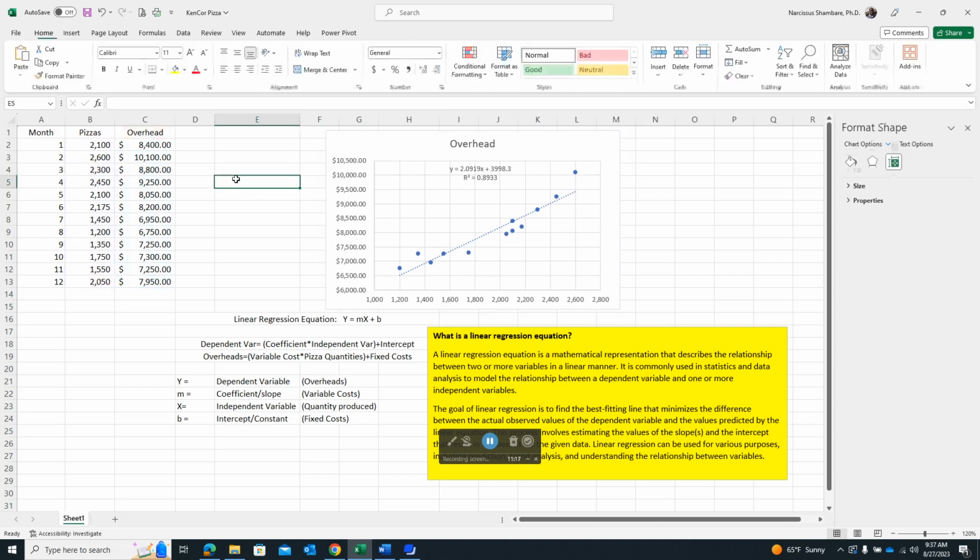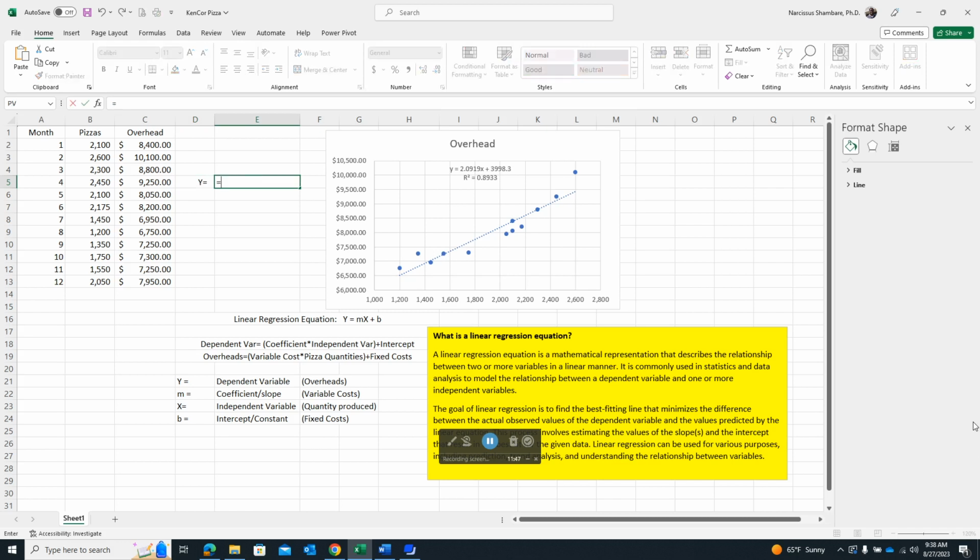can actually see here. Okay, so here we want to calculate the y is equal to, okay, in this case we want to estimate how much overheads will actually incur if we produce 1,800 pizzas. So we'll probably just do two examples so that we are actually able to see how this will pan out.